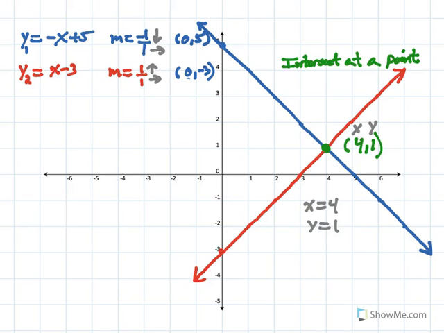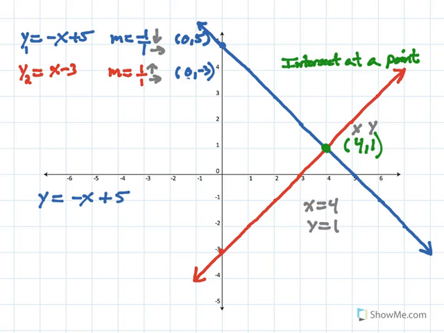And to verify, we can choose one of them and check to see if it is truly a solution, right?